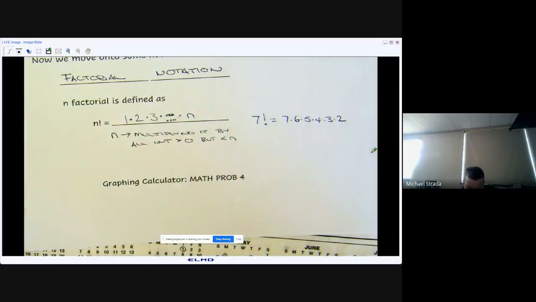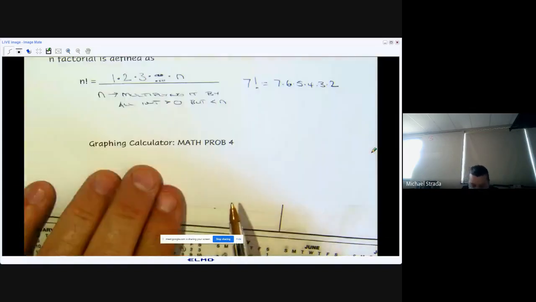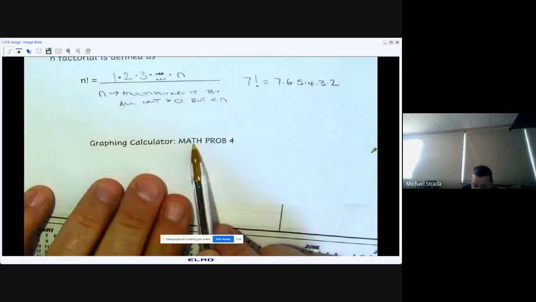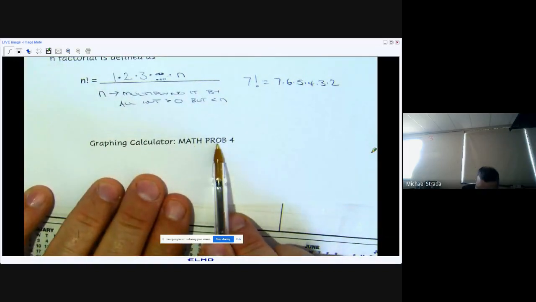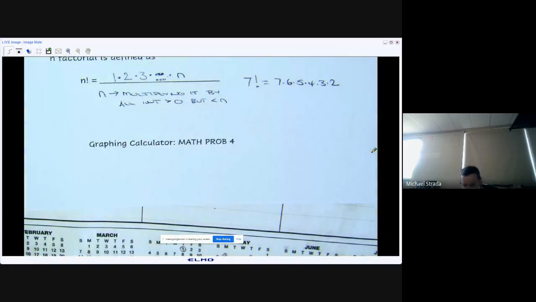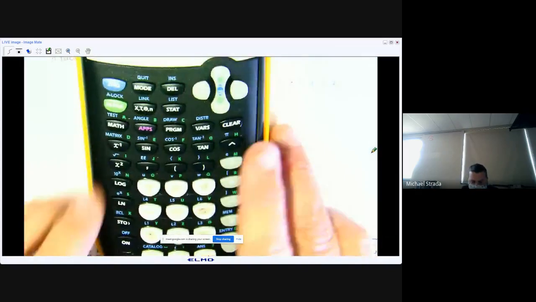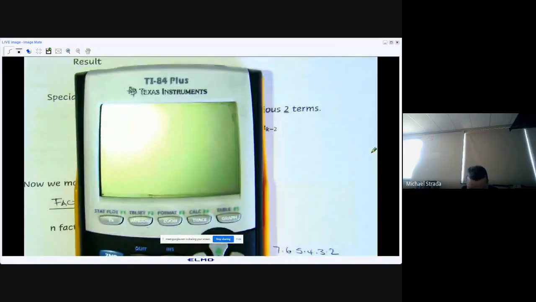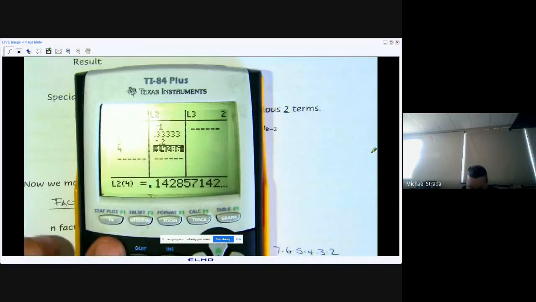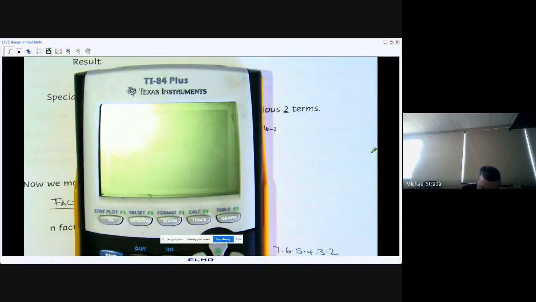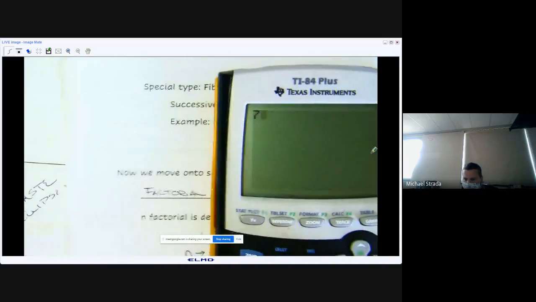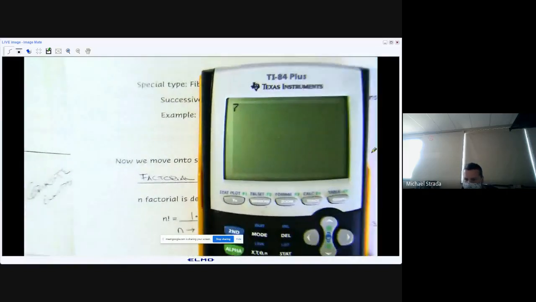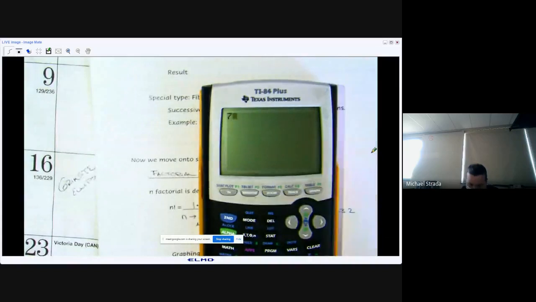In the graphing calculator, you hit the math button. You go over to the probability menu and you hit 4. So for example, if I want to do 7 factorial, here's the math button right there underneath alpha.